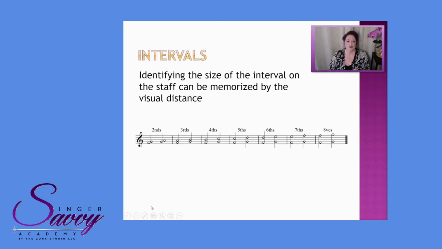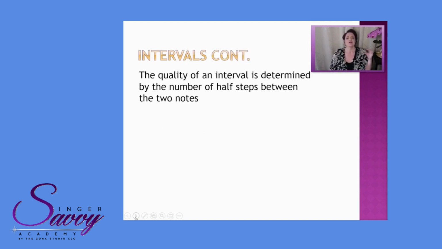All right? So what you want to do is become familiar with the way these intervals look. Because if you become familiar with the way that they look, you can instantly identify them without having to count out or figure out what is supposed to be done. All right? So that is the distance of an interval.